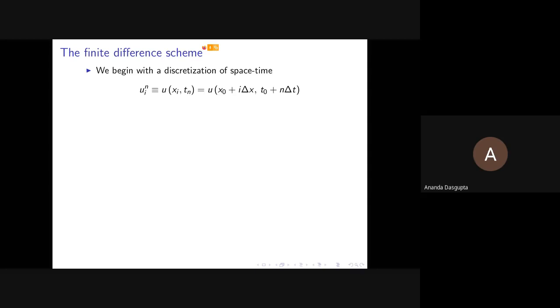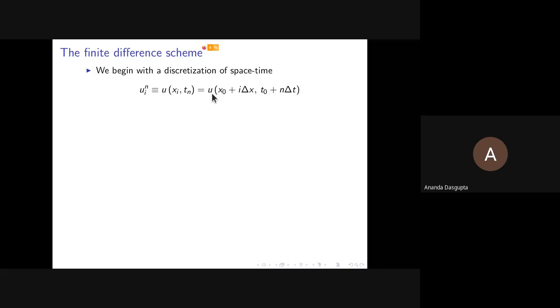So what you say is something like this. Instead of trying to find out u at all x and all t, you will be satisfied with u at x0 plus i delta x. That is, you have broken up your spatial coordinate into delta x size chunks and your time coordinate into delta t size chunks.